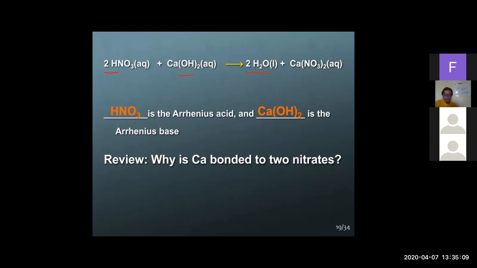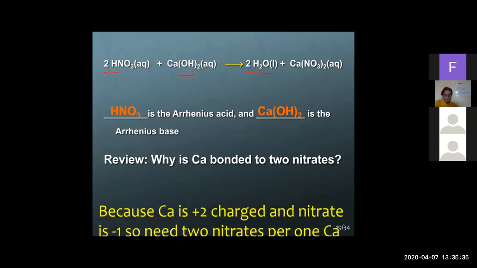And remember, the nitrates are polyatomic ions. Again, look at your polyatomic ion table. Each one has a -1 charge at NO3. Calcium is in group 2. When calcium becomes an ion, it's going to be a +2. So therefore, I need 2 negative nitrates to balance the positive 2 charge of calcium. Okay. All right.